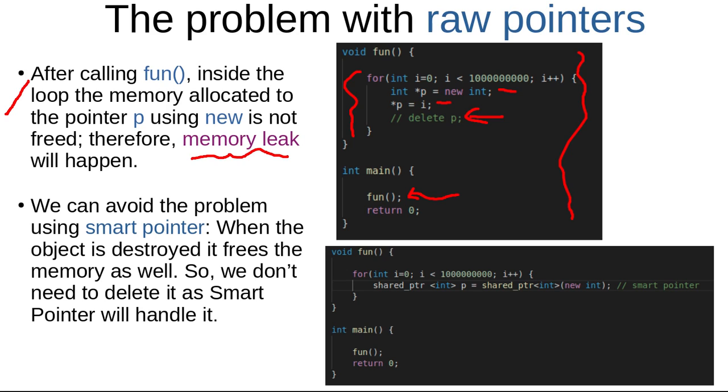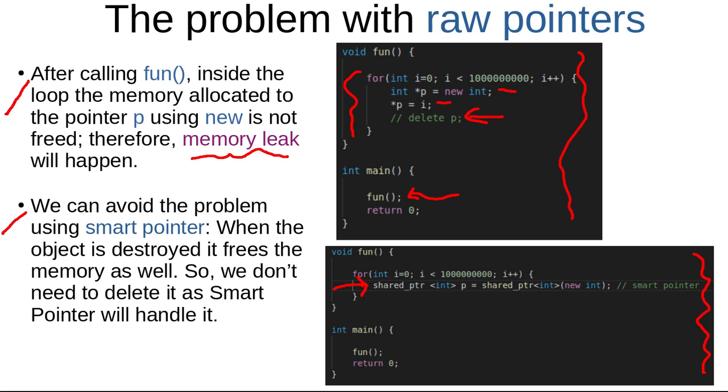So a smart pointer will fix this problem by replacing the raw pointer with a smart pointer. In this case, it's a shared pointer, and the smart pointer will automatically free the memory, so that there is no need to call the delete operation or delete function for the pointer.